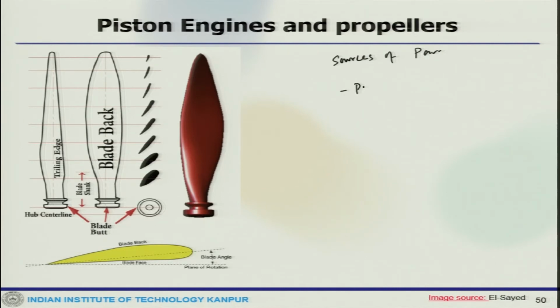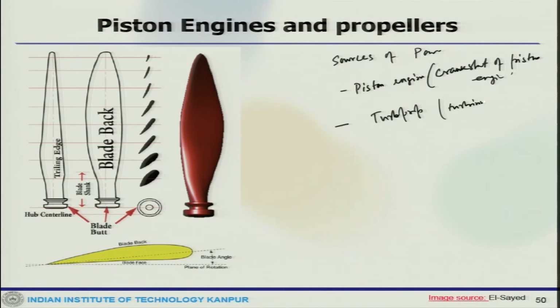One is the piston engine, so it could be driven by the crankshaft of a piston engine, or it could be the turbine shaft of a turboprop engine. To run this kind of propeller blades we need power, and the power comes from either piston engines or turboprop engines like this.